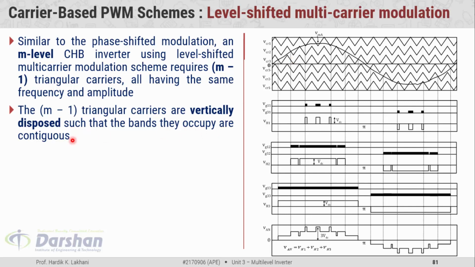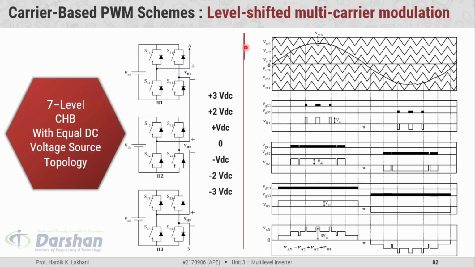Now let us understand how to produce 6 gating signals using this concept for 7-level CHB. The uppermost and lowermost carrier pair, which is VCR1 and VCR1 minus, are used to generate the gatings for switches S11 and S31 in the power cell H1.